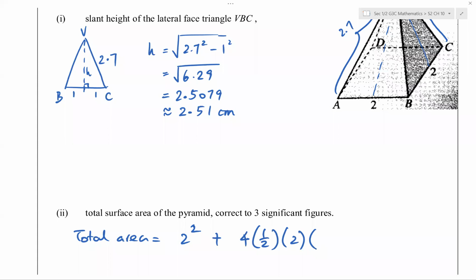Square root 6.29, 2.5079, or 2.51? Yeah, the best answer is actually square root 6.29. There's an okay value, that is 2.5079. There is a number you should never use, which is 2.51, because that is 3 s.f. already.